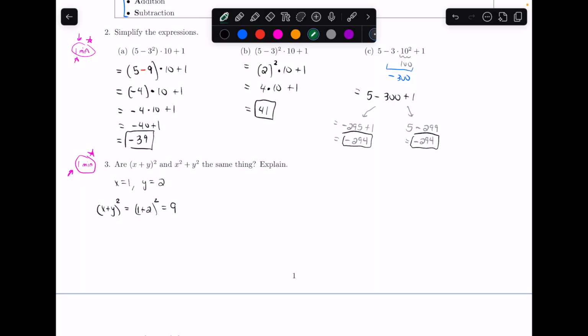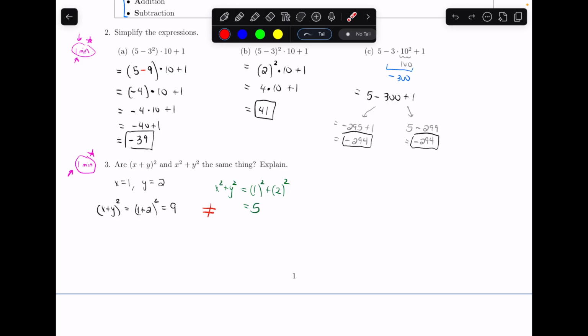Whereas for the other one, x squared plus y squared, I get 1 squared plus 2 squared. It doesn't matter whether I put parentheses or not, because 1 squared is just 1. That becomes 1 plus 4, which is 5. And these two things are clearly not equal. The 5 and the 9 are clearly not equal.